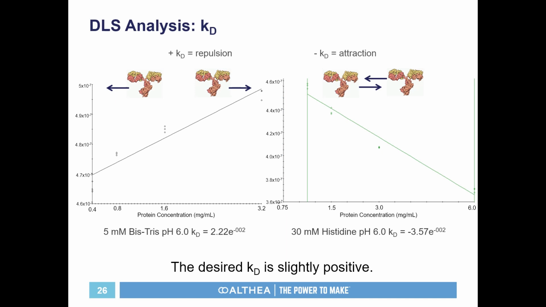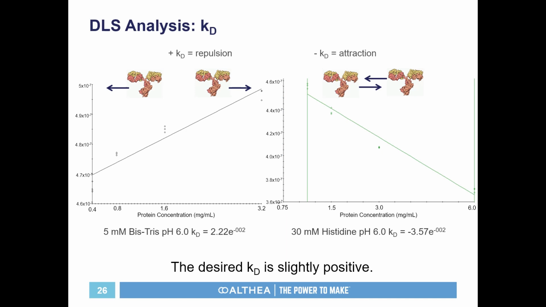And when you're doing soluble formulations, that's a good thing. It's also a good thing in our case. A negative KD indicates that the molecules are attracted to each other and likely to aggregate and form non-ordered aggregates and particles.